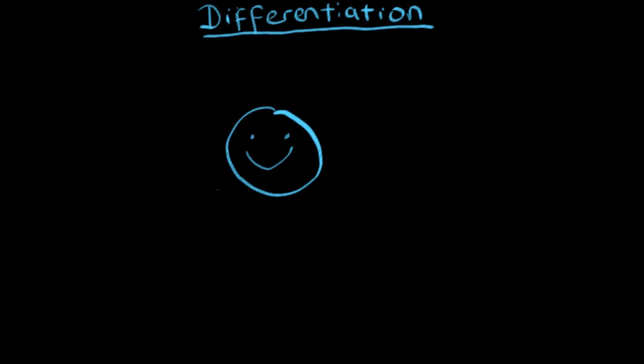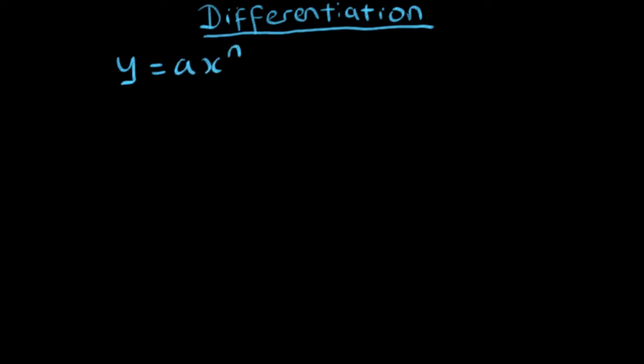A lovely morning to you guys, and in this video we're going to be talking about differentiation. Now, the major doctrine about differentiation would be in the form of this: if and when you are given y equal to an equation such as ax raised to power n, and you are told to differentiate this, it's going to be in the form dy over dx.